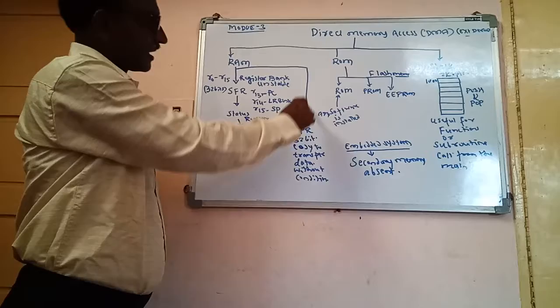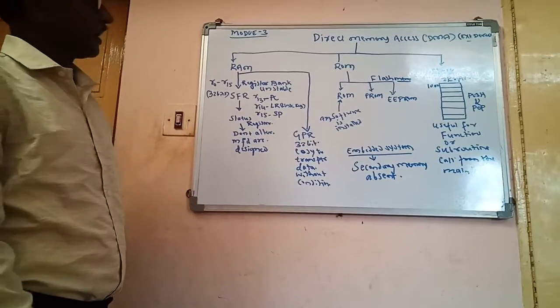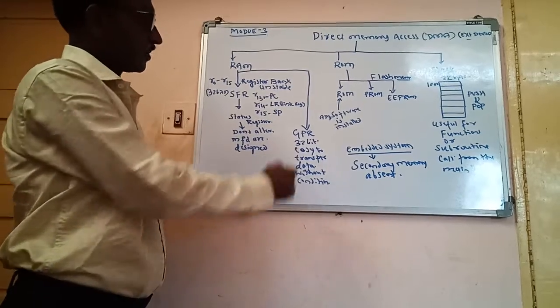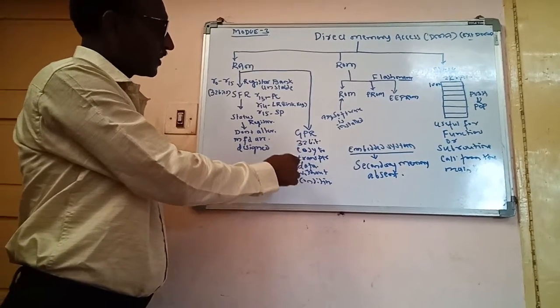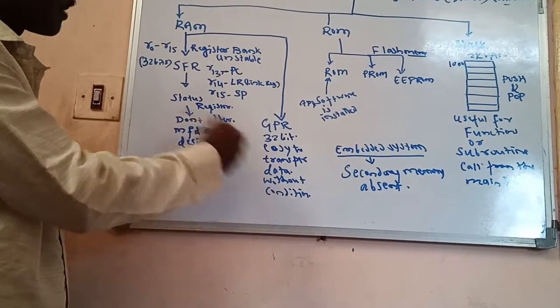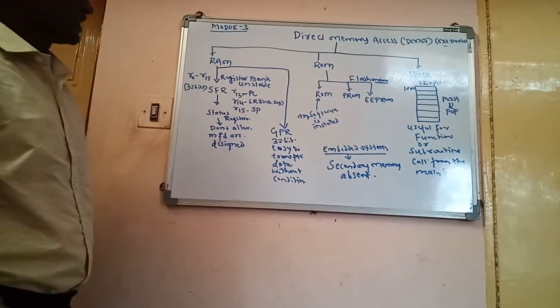Another form of register is the general purpose register. It also has 32 bits, but without conditions it is easy to transfer data from one register into another register.